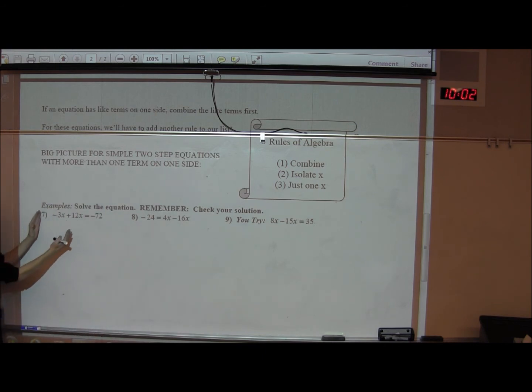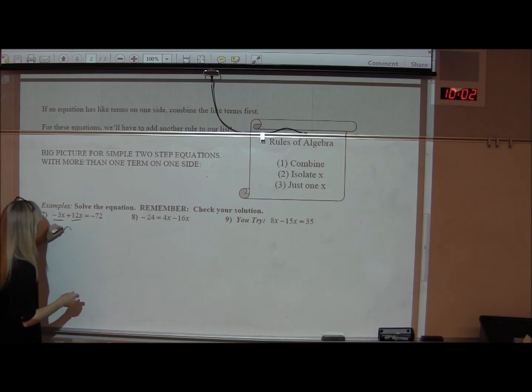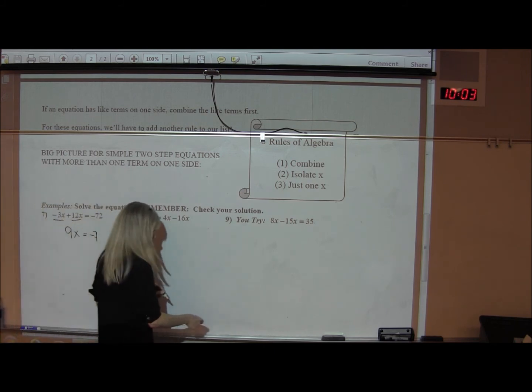So combine like terms that are on the same side. So these are like terms. And negative 3x plus 12x, well, negative 3 plus 12 is 9. So 9x equals negative 72.